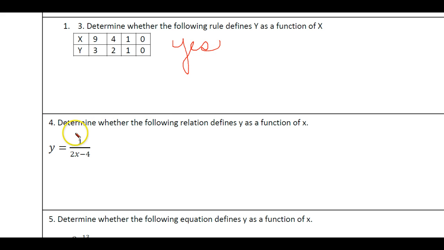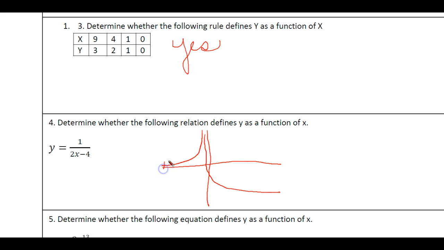Now when we look at number 4, we see it in a little different relationship. This is actually a graph, and it's going to look a little bit like this. And the question is, are the x elements used more than once?